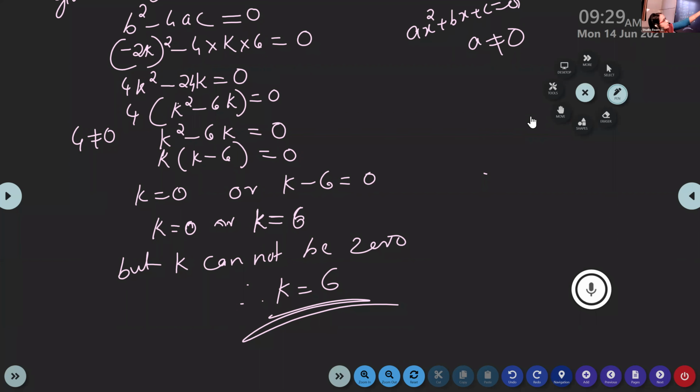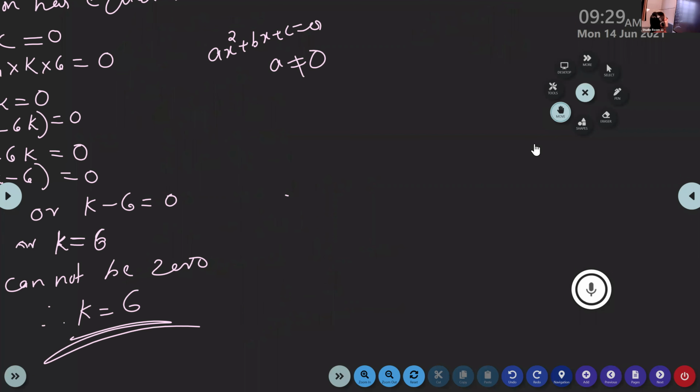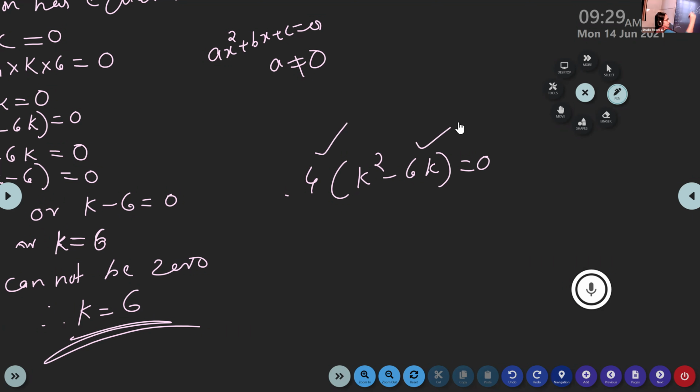I will explain. See, the step is 4 into k square minus 6k equal to 0, isn't it? Here, two terms are there. One is 4 and this. And the product of these two terms becomes 0.